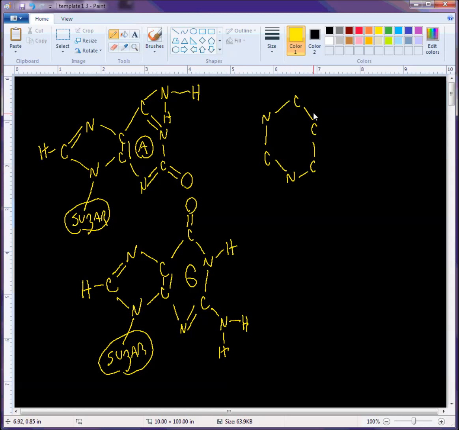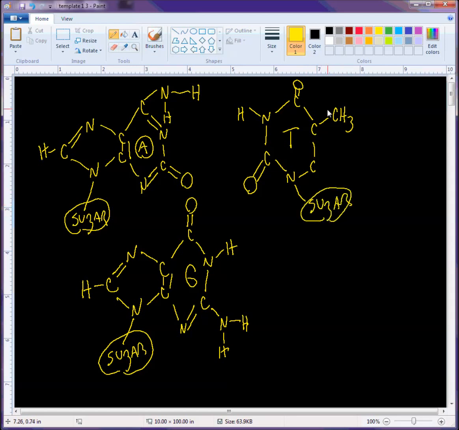And this is thymine, so we're going to have a methyl group over here, and a double bonded oxygen to a carbon right there. Double bonded oxygen to that carbon there, and we are going to have a hydrogen in here. And this is our thymine, and this one right here is going to be bound to the sugar.